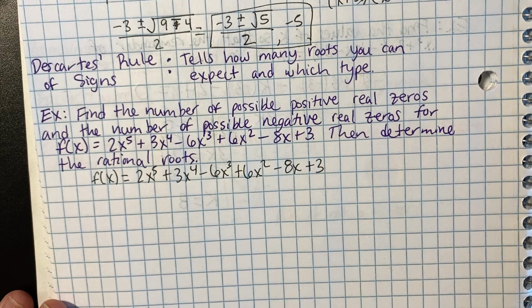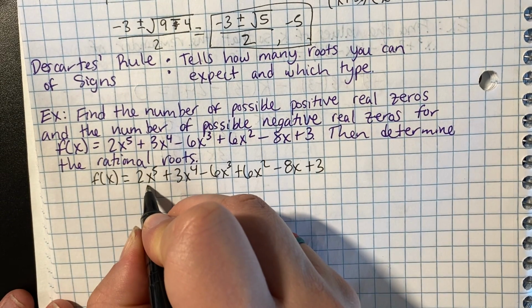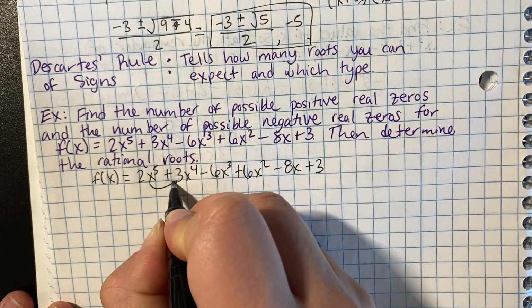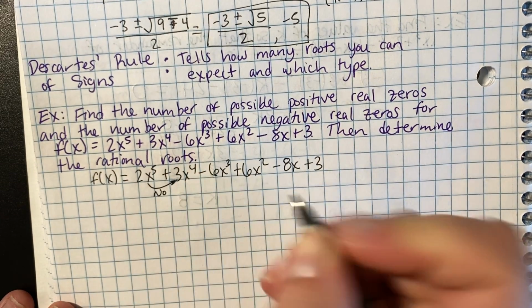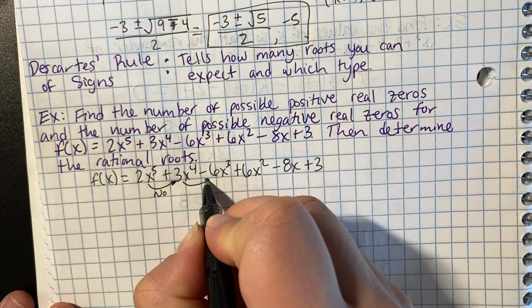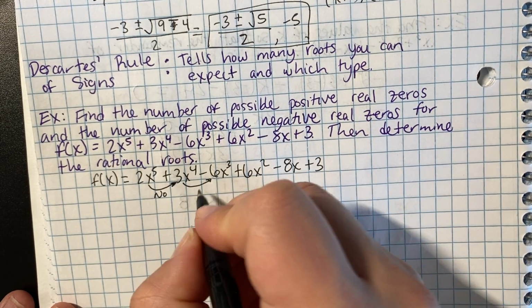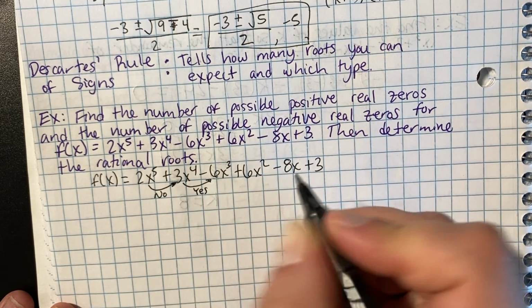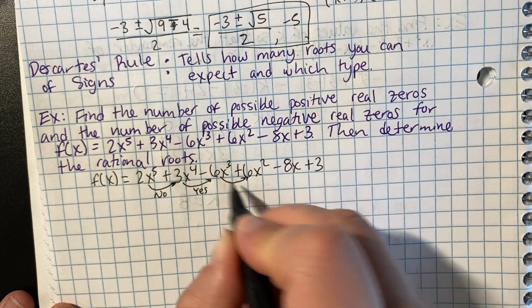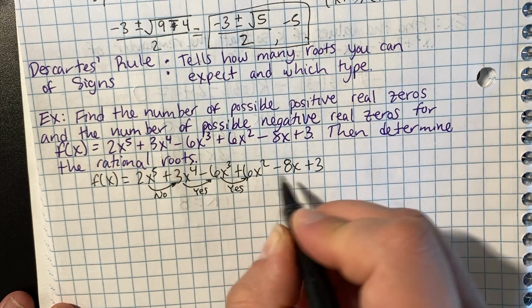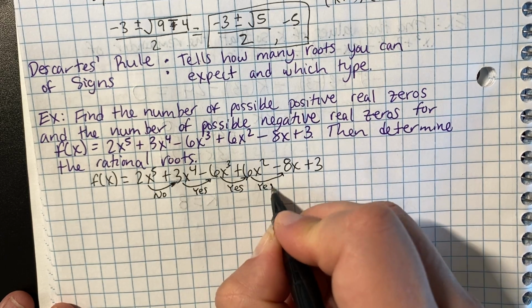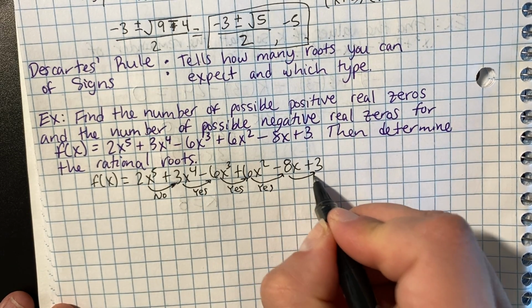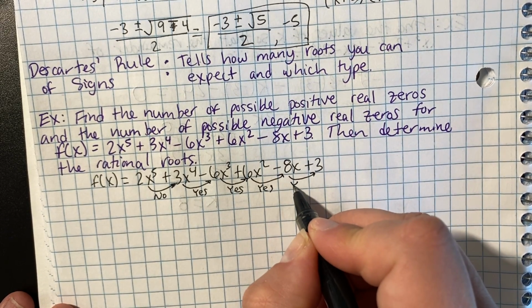Okay, now we're going to look at sign changes. So from here to here, does the sign change? Positive to positive, that's a no. From here to here, does the sign change? Positive to negative, that's a yes. Here to here, yes. Here to here, positive, negative, yes. Here to here, yes.